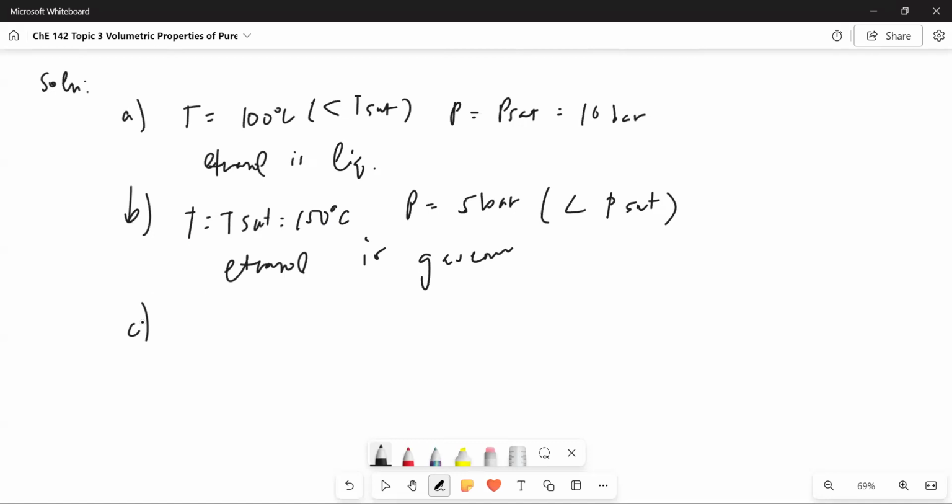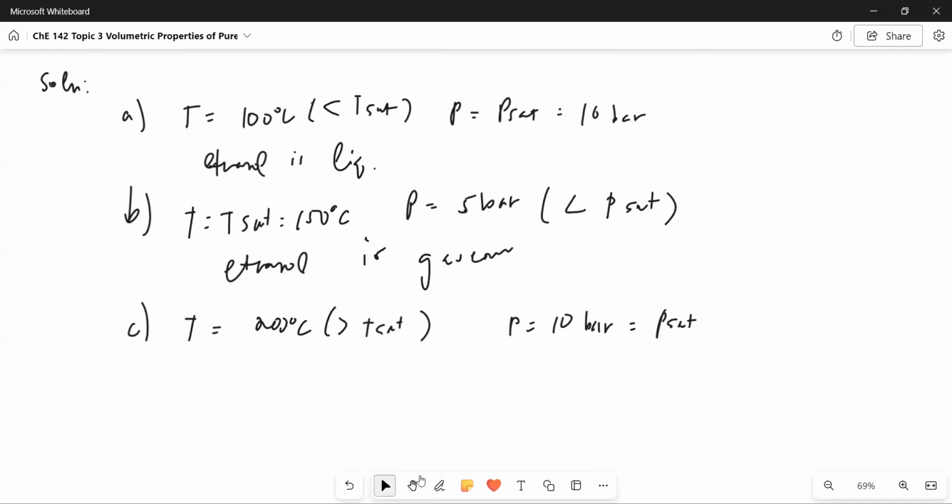Next is letter C. Temperature is 200 degrees Celsius, which is greater than Tsat, and the pressure is 10 bars, which is equal to Psat.